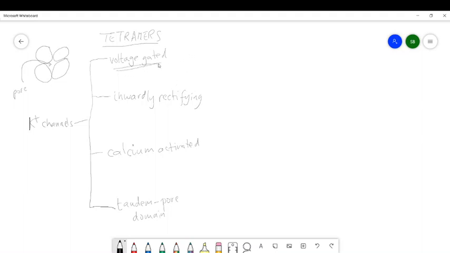So let's start with the voltage gated ones. If we have the membrane like this, each subunit of the voltage gated channel has an intracellular N-terminal domain, and then it has 1, 2, 3, 4, 5 transmembrane regions like this, and then they have a pore forming domain, and then there's one last transmembrane subunit region like that.